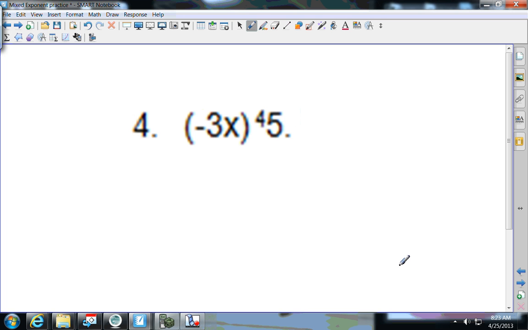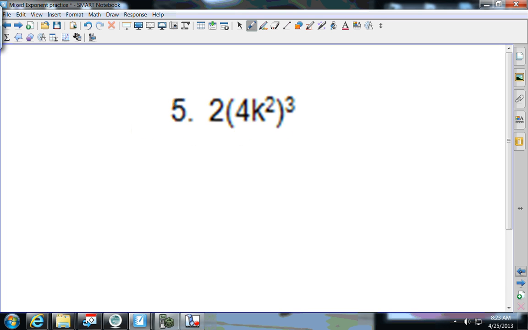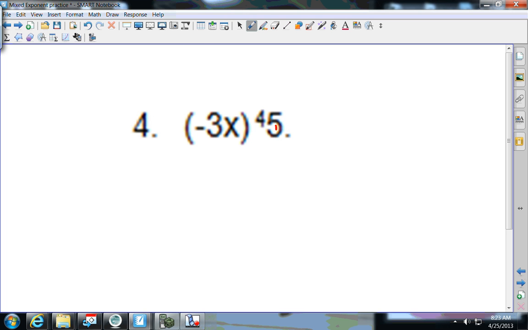Number 4. Try this one. Actually, let me see something. I don't think that, you know what, this 5 is not supposed to be here, so ignore that. Now try that problem. That should be a lot better. Okay, in this case, you're going to take negative 3 to the fourth power, and then this is x to the fourth power.